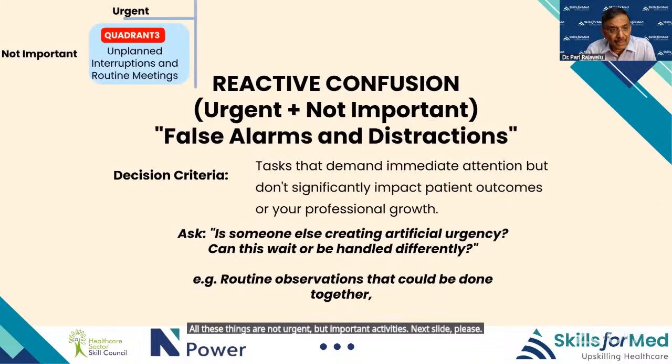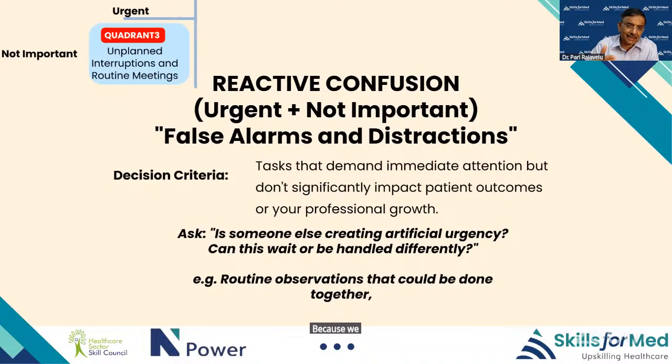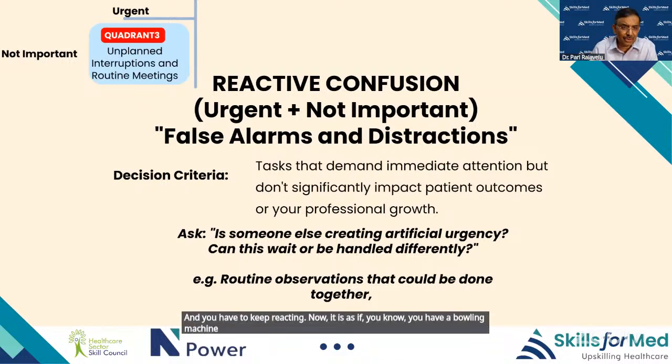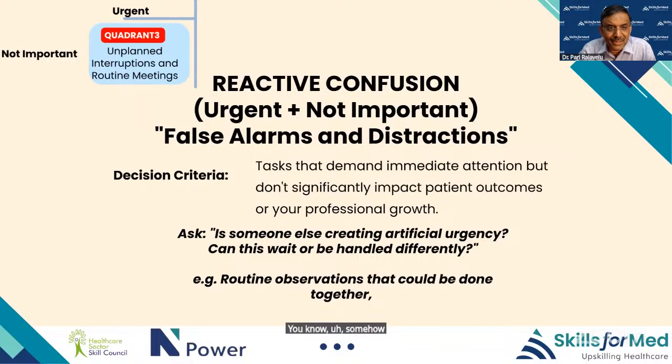So the third quadrant, it is here that a little bit of confusion creeps in. Because we react. These are things which hit you all the time and you have to keep reacting. It is as if you have a bowling machine throwing balls at you every few seconds and you have to somehow either go on defense or put it into the boundary, right? So these are urgent but not important, could be false alarms, could be distractions.